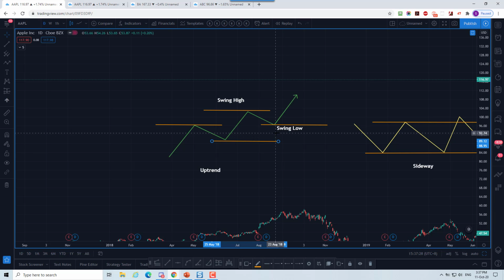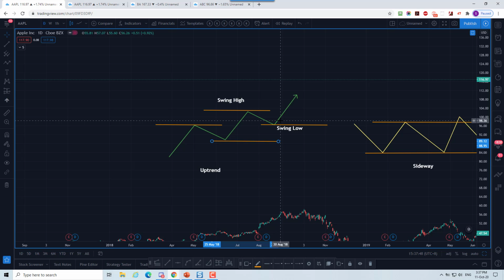Each time the price moves, in an uptrend it always breaches the swing high, which is the resistance area. So the resistance area is actually a temporary ceiling or temporary pause of the market in an uptrend.